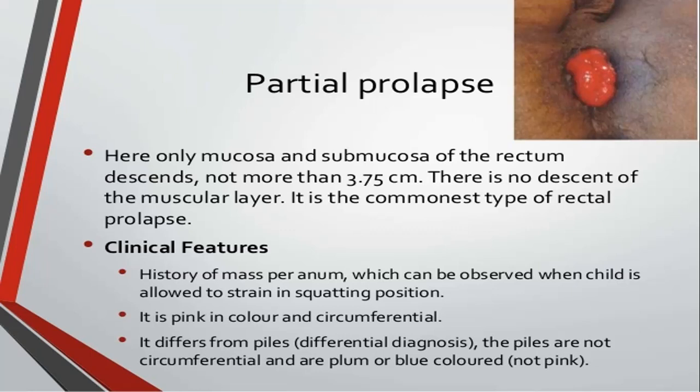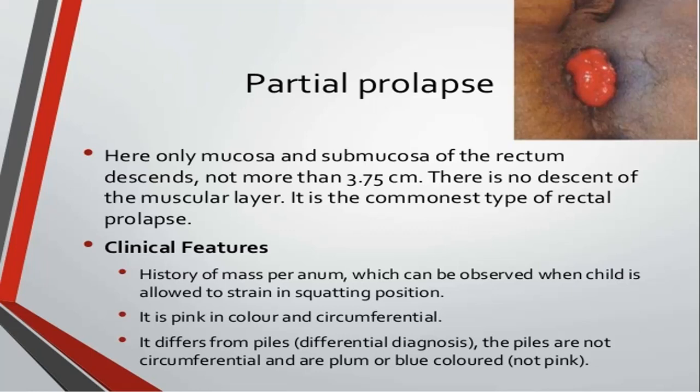So if a patient comes to you saying there's something coming out from the anus, and you examine and see an area which is only about two finger breadths, you diagnose a prolapse. First you inspect the patient, you see the perineal region, and you diagnose the prolapse. Now you confirm whether it is partial or complete by its size.